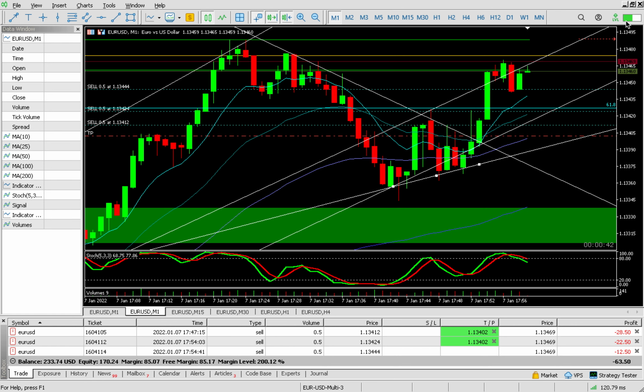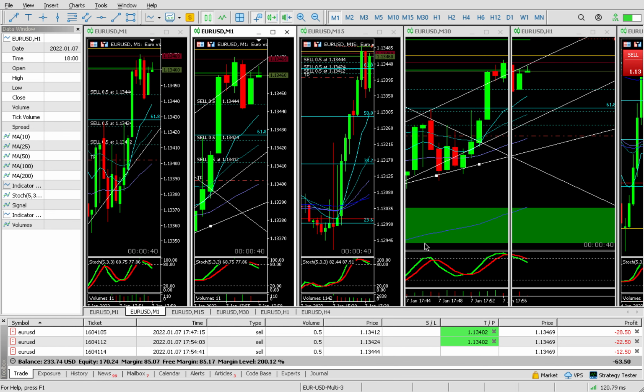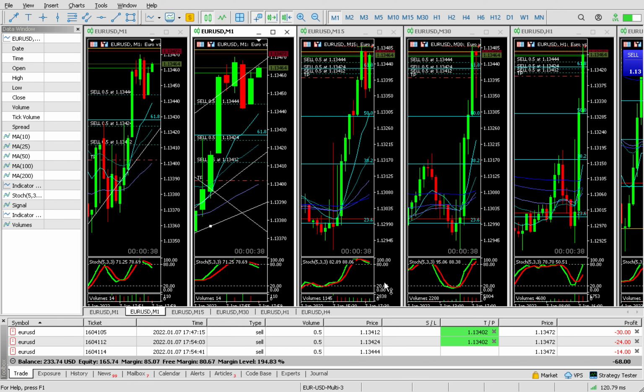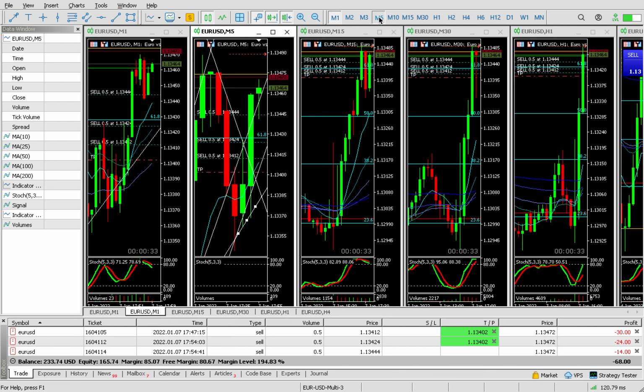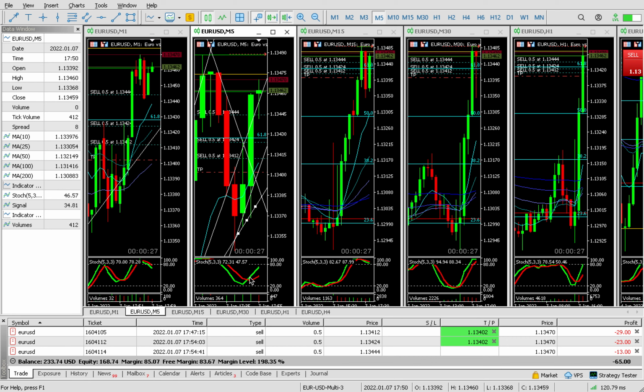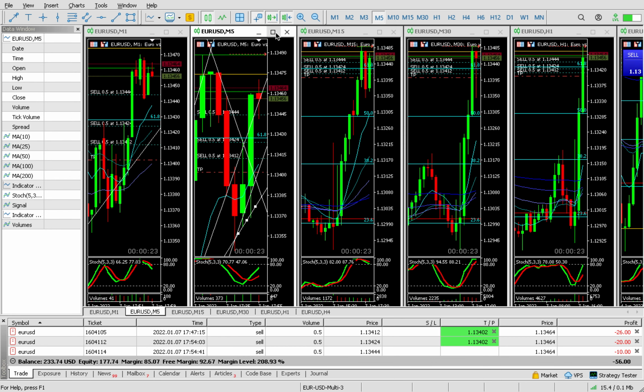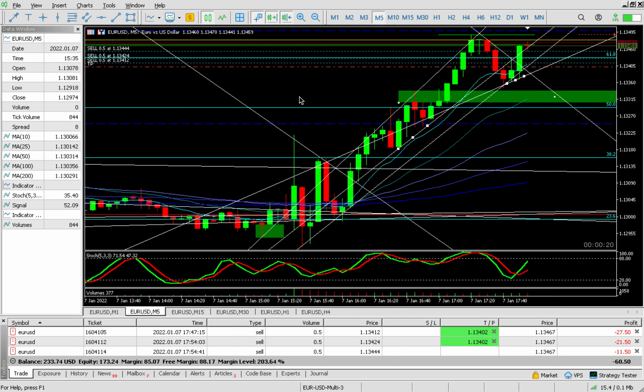I just thought we were going to see a bigger pullback. In my experience, we should be seeing a pullback right now, or pretty soon. That's why I'm selling. I'm trying to get money on that pullback.